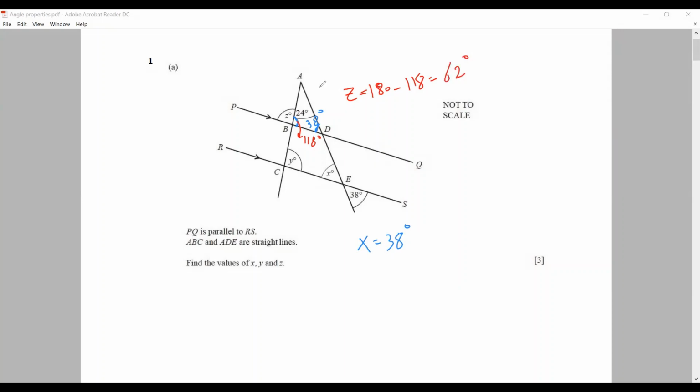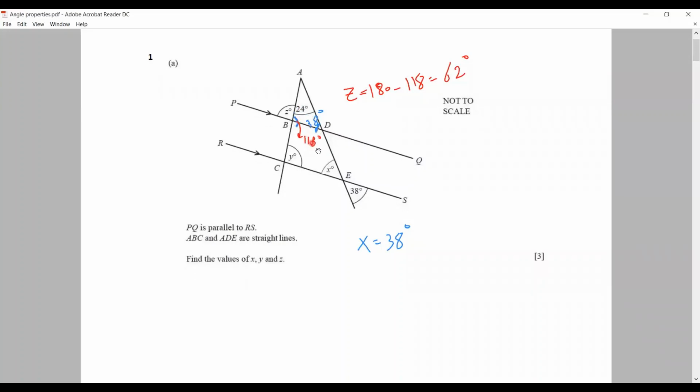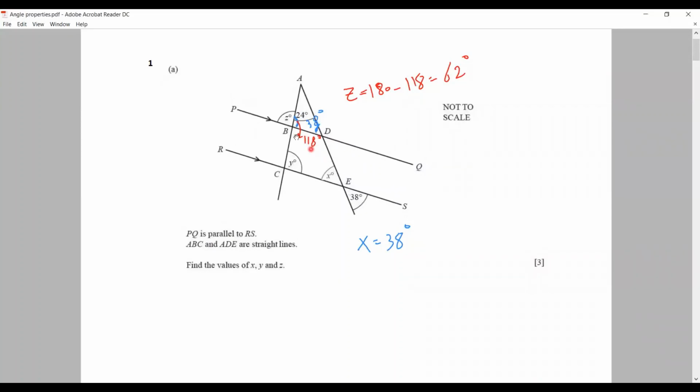And also, since we found this angle, 118, it is the same as Y, because they are corresponding angles. So this angle should be equal to this angle. So both of them are 118. So that's it. Moving on to the next question.